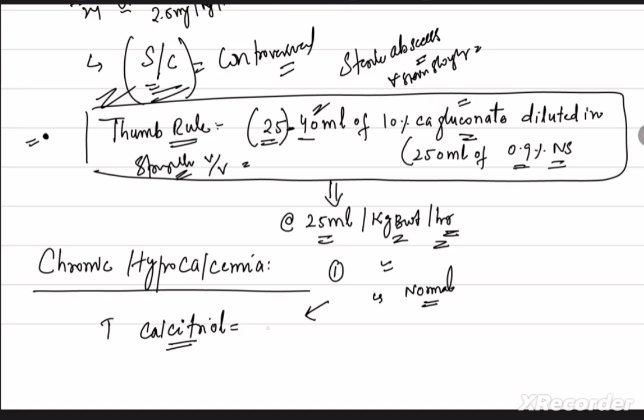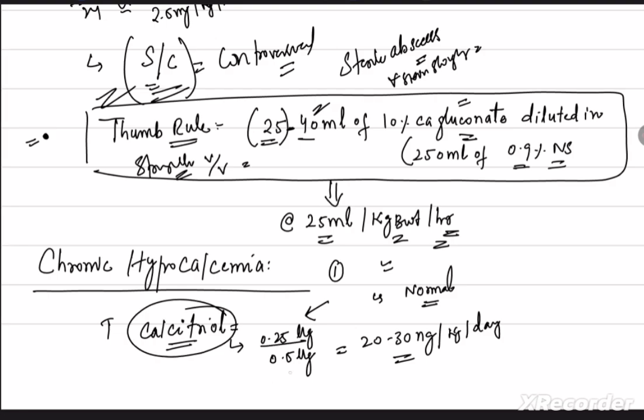This is the active form of vitamin D, and it comes in capsules of 0.25 microgram and 0.5 microgram. The dose rate is 20 to 30 nanogram per kg per day. Give this calcitriol.